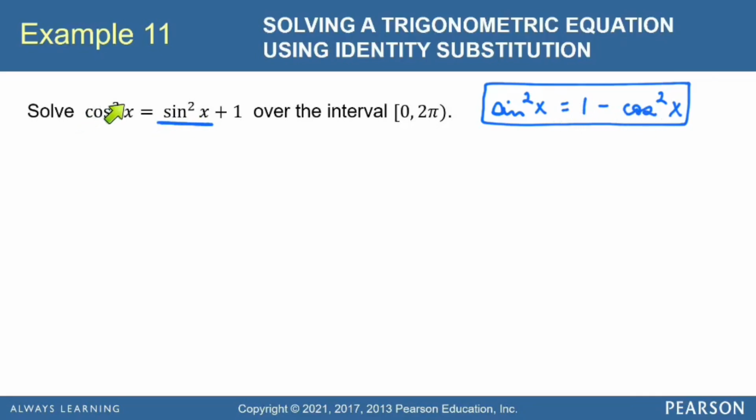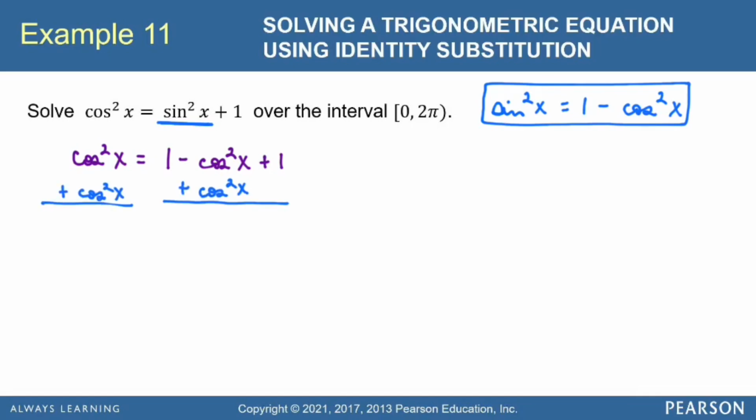That will give us cosine squared x on the left equals 1 minus cosine squared x plus 1 on the right. So you can see how 1 minus cosine squared x took the place of sine squared x because they are equal. Now we can think about collecting our cosine squared x terms on one side of the equal mark.